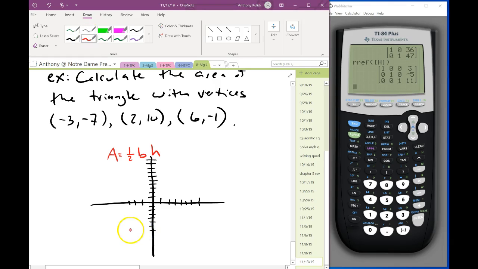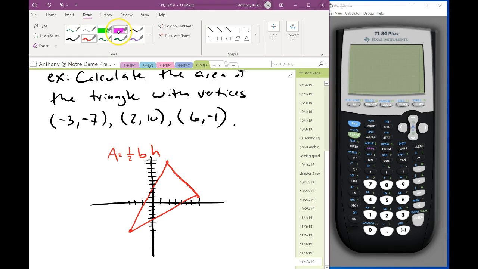So I have (-3, -7), (2, 10), and then (6, -1). Okay, so that's my triangle. I have 1/2 base times height. Now what?